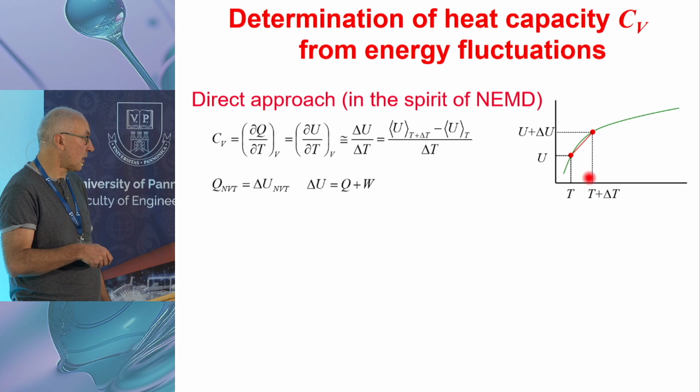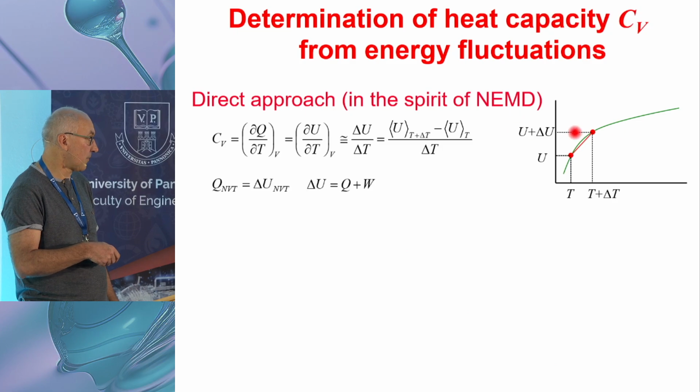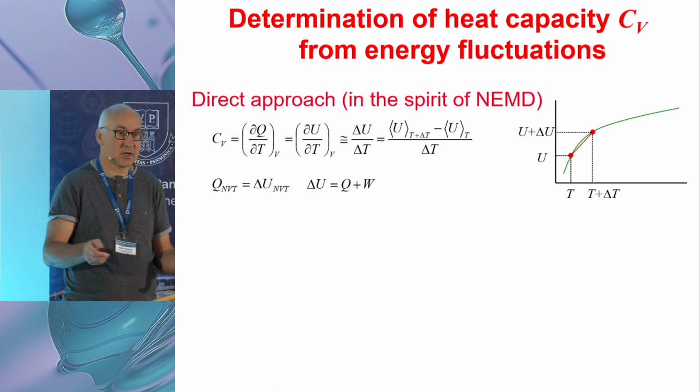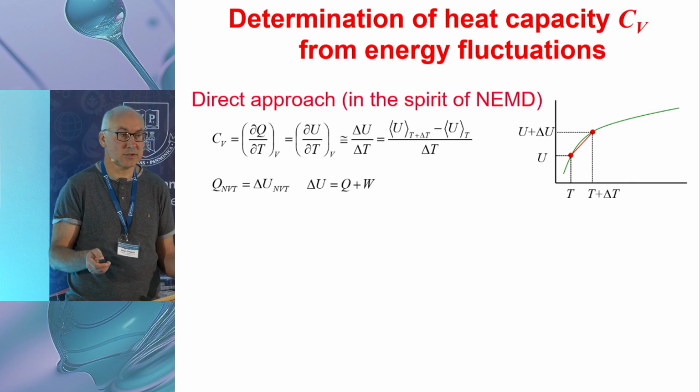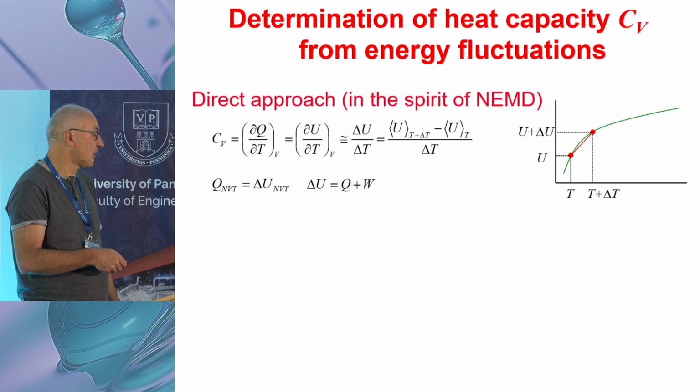Then you run another simulation at slightly higher temperature and get its average energy. From this ratio, you get your CV. So in principle, it requires just two simulations, and the theory is basically known, right?